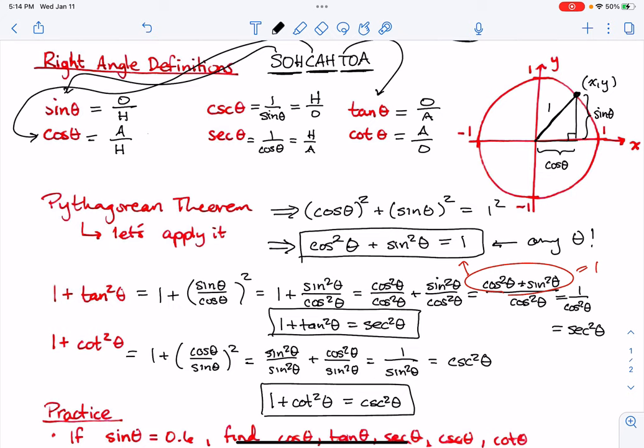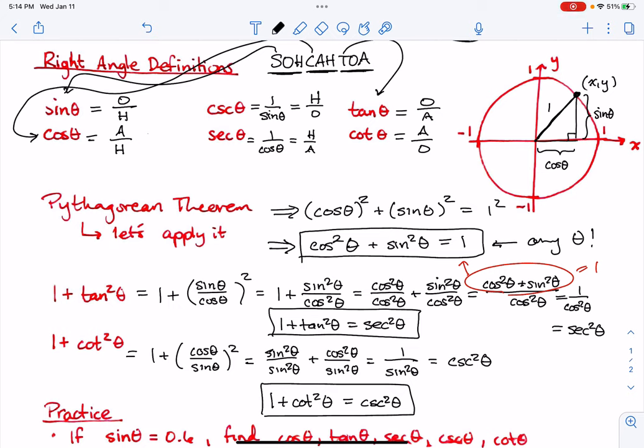You might be wondering, why in the world are we learning about these identities? Why are they important? Well, especially if you do calculus, it's very often really helpful to have these identities to simplify expressions that are overly complicated.